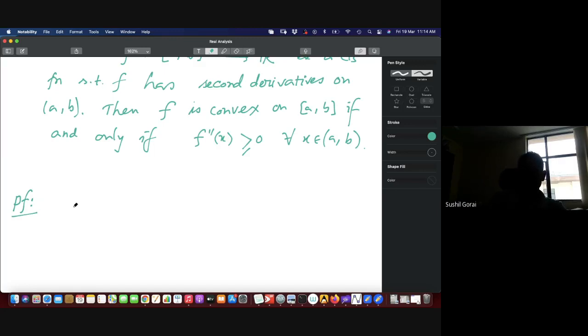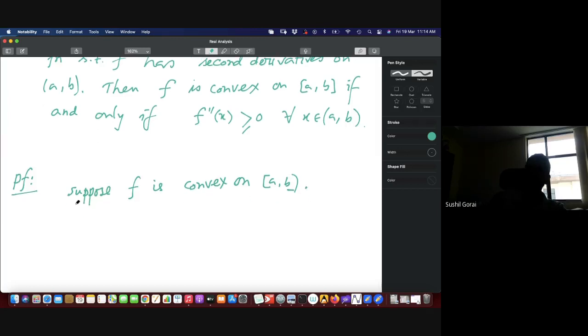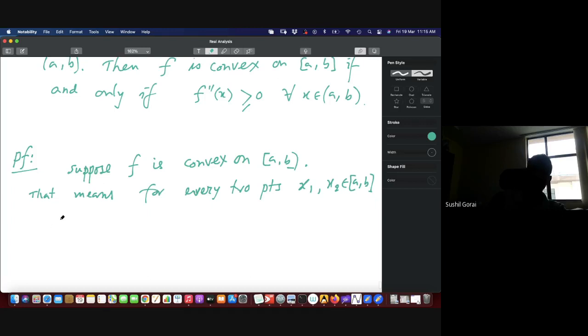Suppose f is convex, which means on, let's say, (a, b), that for every 2 points x1, x2 in (a, b), f of t x1 plus (1 minus t) x2 is less than or equal to t f of x1 plus (1 minus t) f of x2.